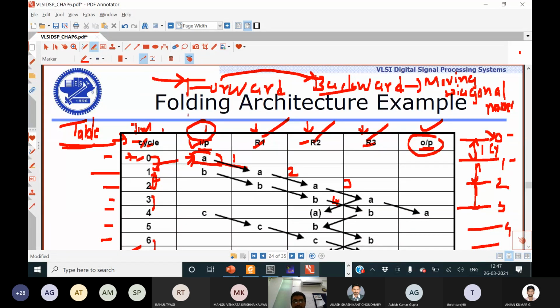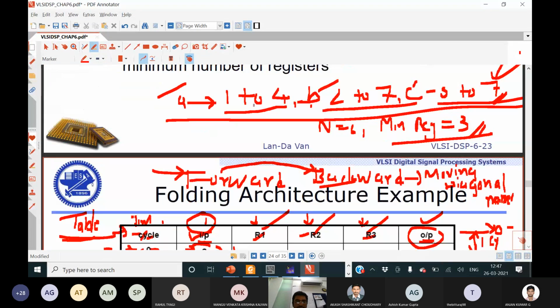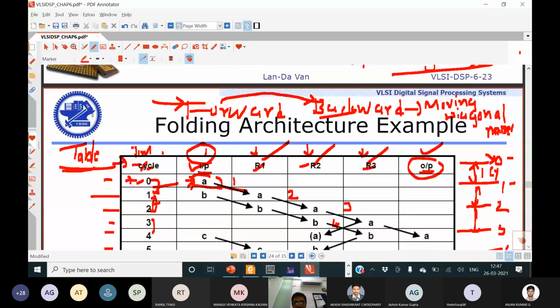Until the life of A exists. So the life of A exists from 1 to 4. So I am starting with this. This is my first clock cycle for A. I am moving forward. Again, in the second clock cycle, I am moving forward. So I am moving diagonally. Just observe that the path I am following is diagonal. So A is moving in a diagonal manner.